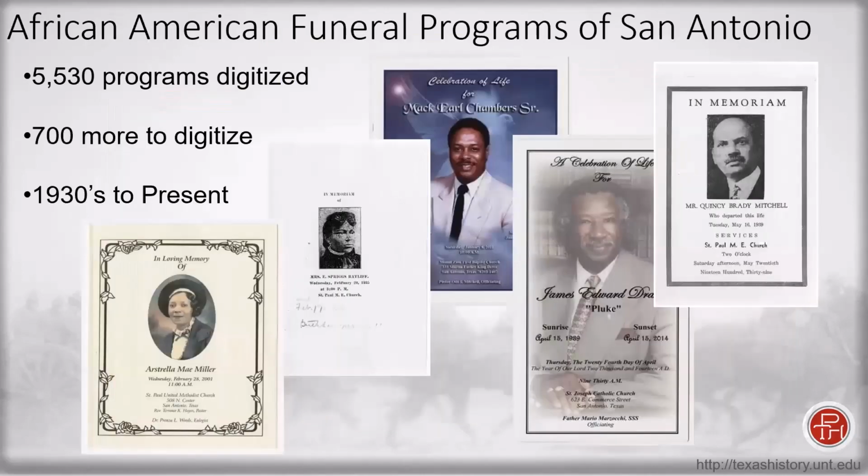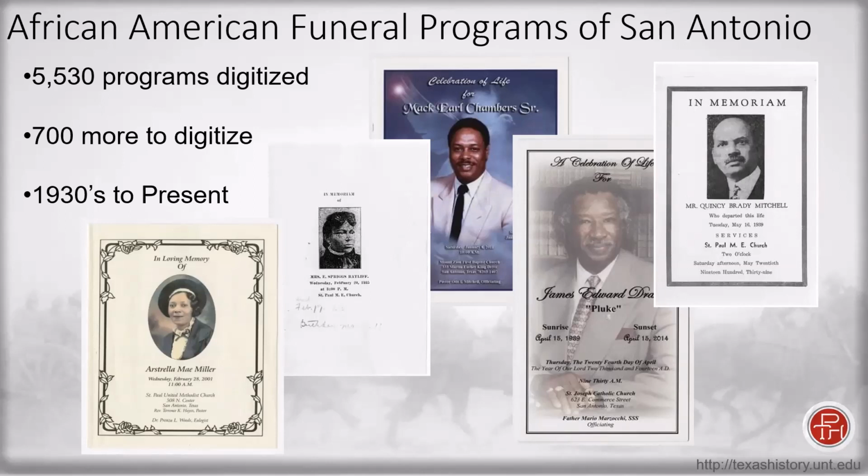So we've also worked with the San Antonio Public Library. They have provided us with a collection of African-American funeral programs. There are 5,530 programs currently digitized, and they've got about 700 more that they're looking to digitize. These are great because they cover a time period from the 1930s all the way to the present.